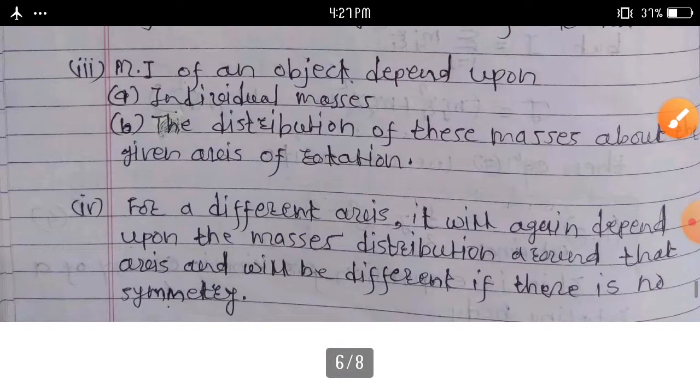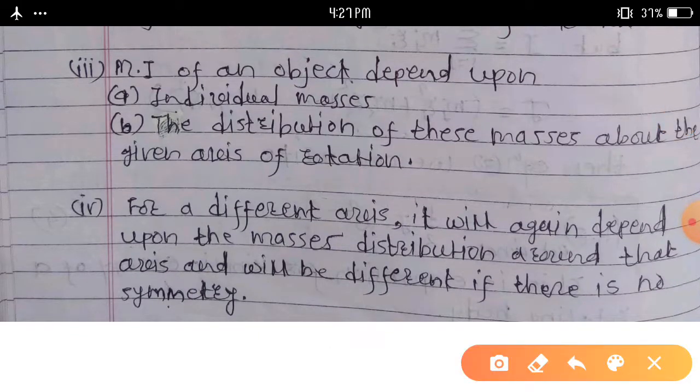And fourth significance: for a different axis it will again depend upon the mass distribution around that axis and will be different if there is no symmetry. In this way we can discuss the physical significance of moment of inertia.